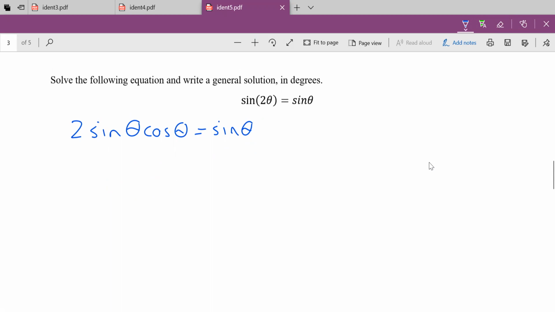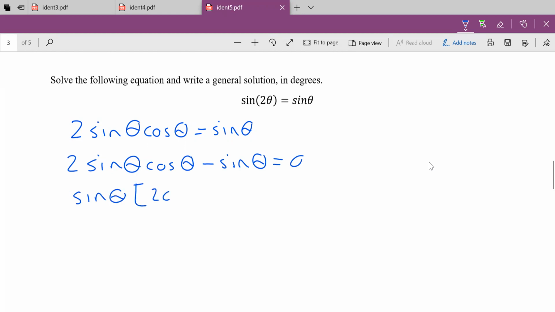Well, if I can't divide out functions, well, maybe I bring everything to one side. Perfect. Now I say to myself, oh, look at it. We can factor that thing. I like to use brackets there just to make it more clear.